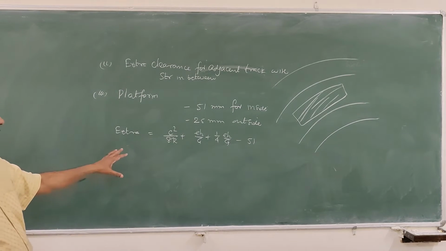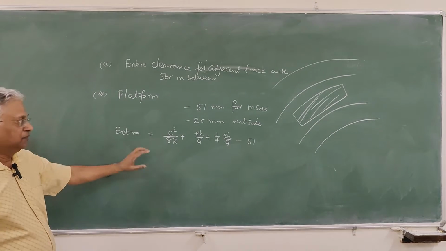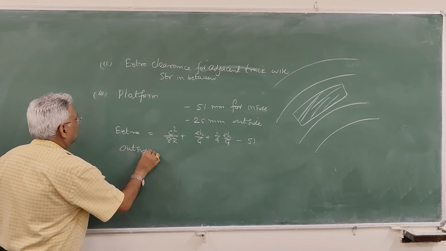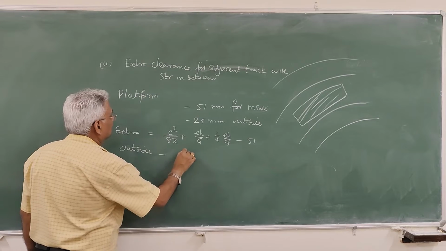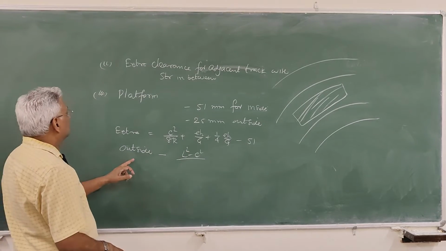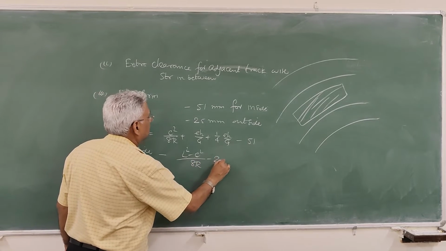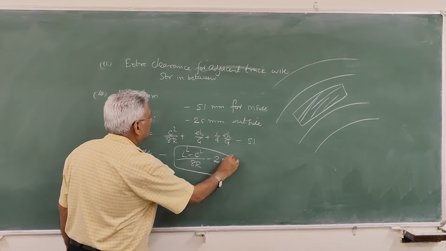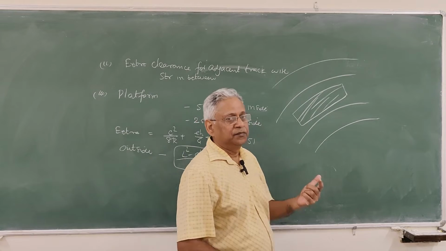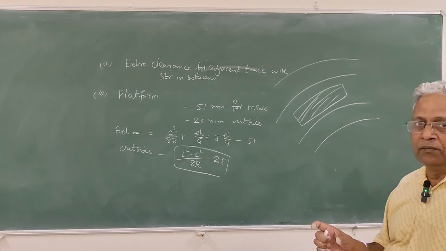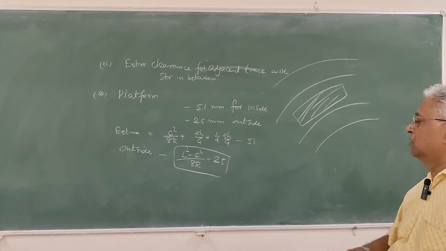That is the clearance required inside of the curve. And outside of the curve will be end throw, L square minus C square upon 8R, minus 25 millimeter. So that is the allowance given when you are providing extra clearance on a platform where the track is on a horizontal curve.